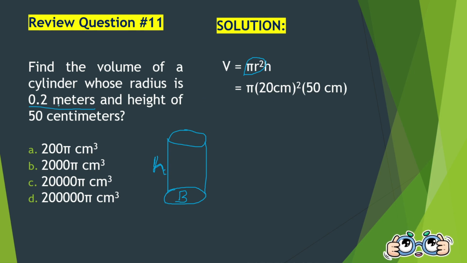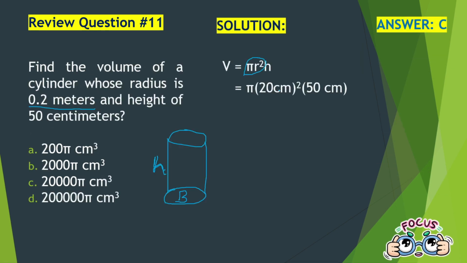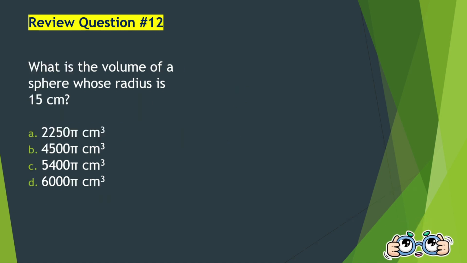So, 0.2 meters is equivalent to 20 centimeters. Therefore, we have 400 times 50, that is what? 400 times 50 is 20,000 rather. 20,000 pi cubic centimeters. So, the answer is letter C.